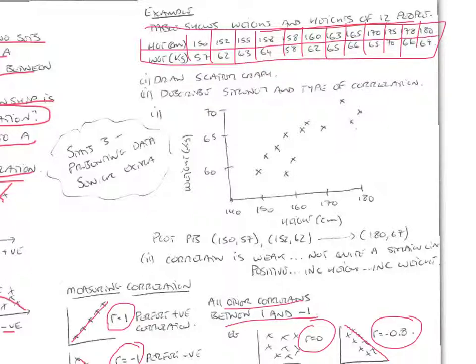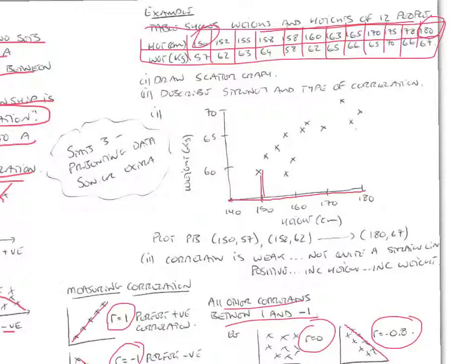Okay, and we simply do that by plotting. Well, first of all, we'll set up our axis. Now, we're not starting at 0, we could, but there's no need to really here. So we start at 140 for our height range up to 180, because we've looked through these and we see that we have a height starting at 150 here. So there's our range, 150 to 180.